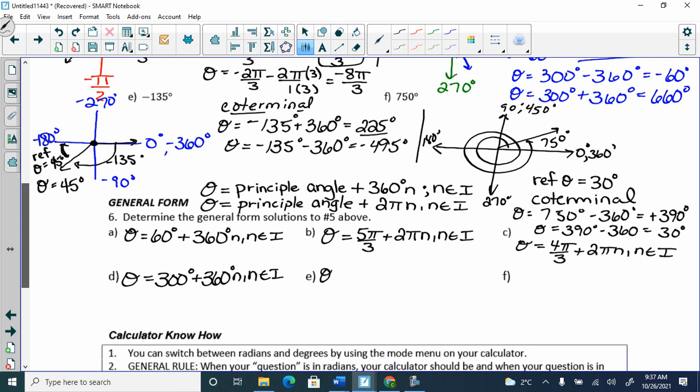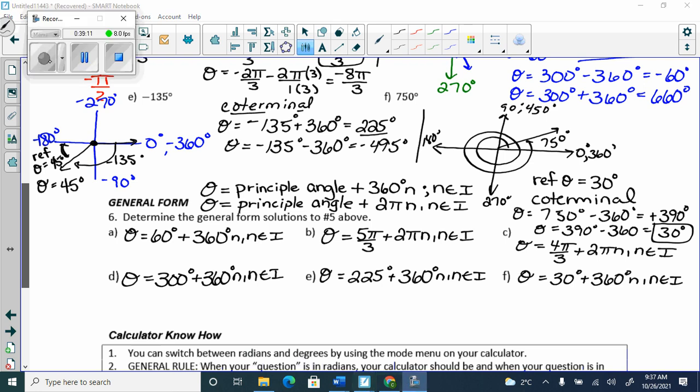So theta equals 225 degrees plus 360 degrees n, n an element of the integers. And then 750, if I subtract, the first one would be 30. So theta equals 30 degrees plus 360 degrees n, n an element of the integers. And carrying on.